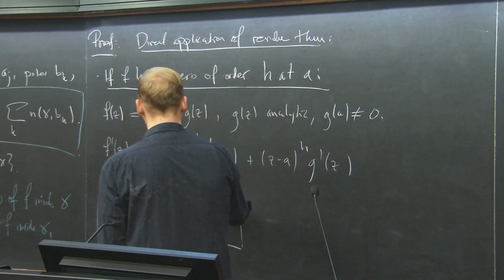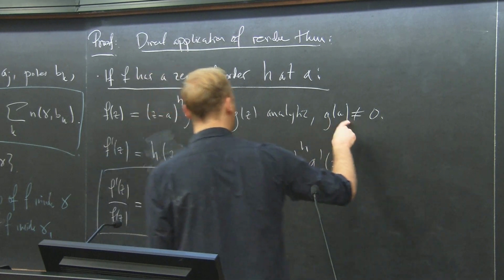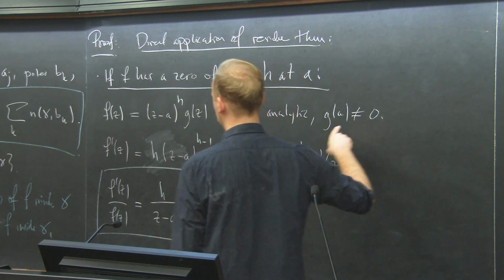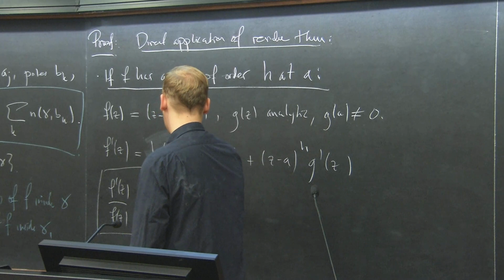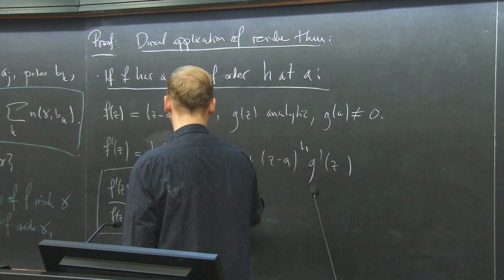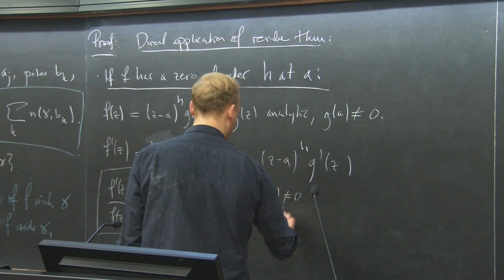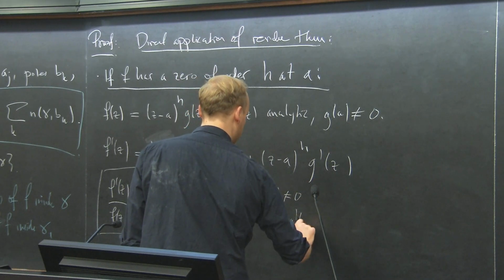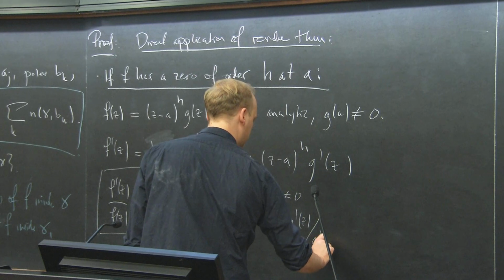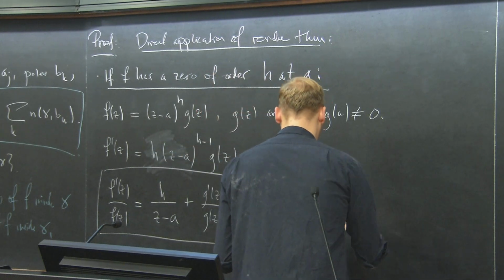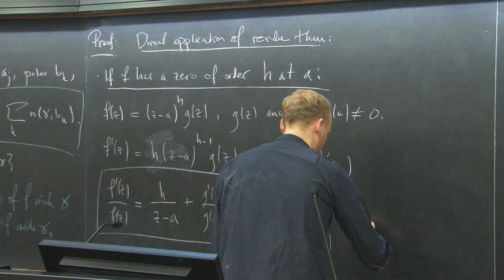Okay, and now we note that we said here that g of a was not 0 because of our assumptions that h was the order of the 0. It implies that g, by construction, is not. So g of a not 0 implies that g prime of z over g of z is analytic in the neighborhood of a.